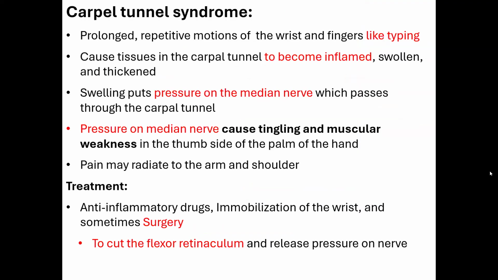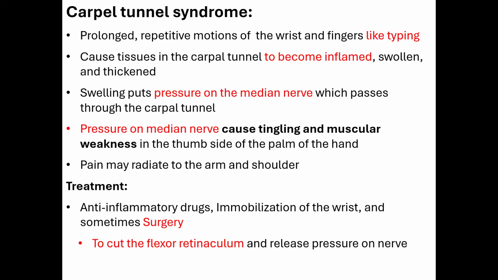Yeah. Okay. So what happens in carpal tunnel syndrome, in the disease? Here, there is prolonged, repetitive movement of the wrist and fingers. When do you do all these movements? Mainly when you're typing, right? Or a lot of movement of the wrist, whatever you're doing. Okay? So these tendons can become inflamed.